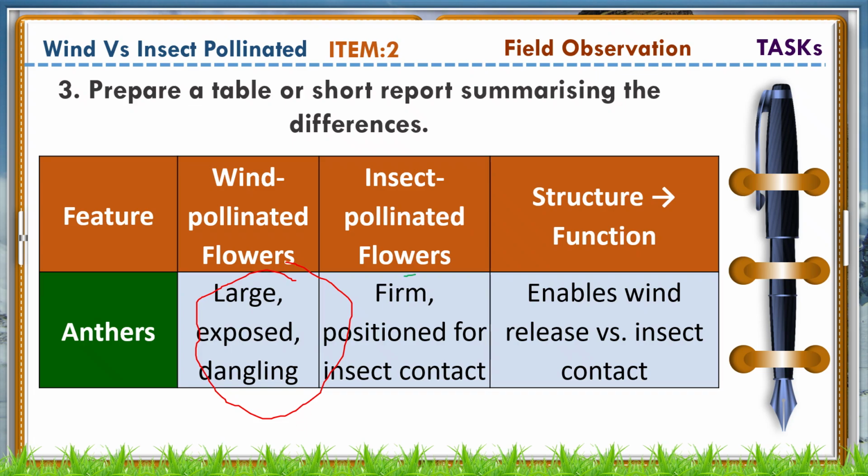Whereas for insect-pollinated flowers, they are firmly positioned for insect contact. The structure enables wind release, those ones which are dangling. And those ones that are positioned, the structure enables insect contact.